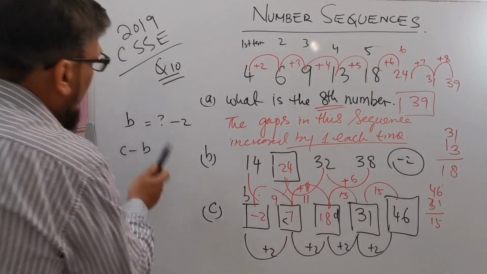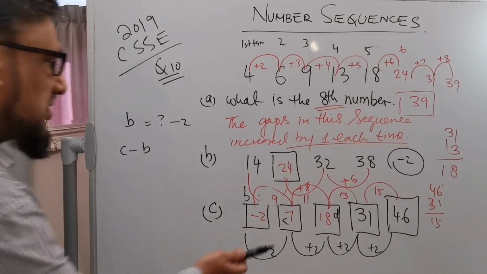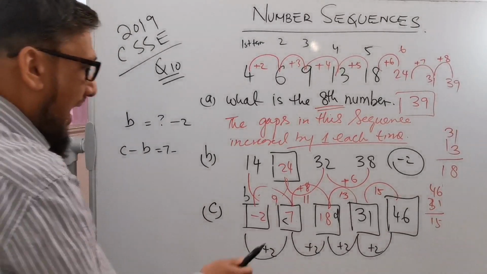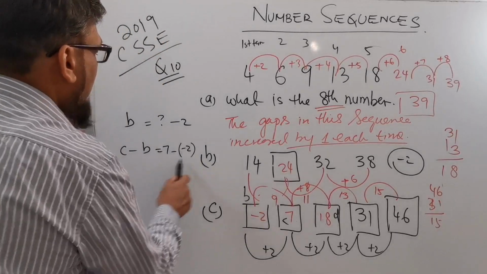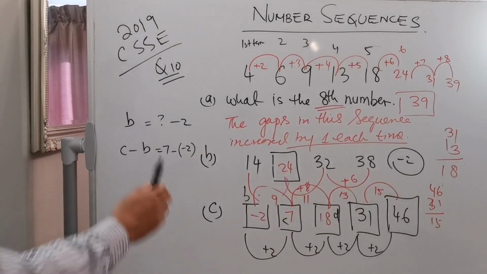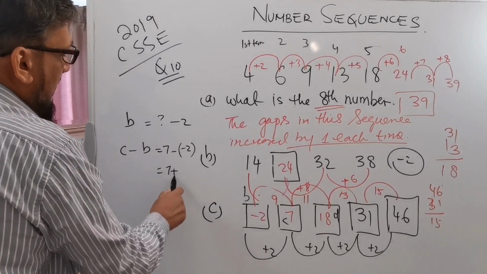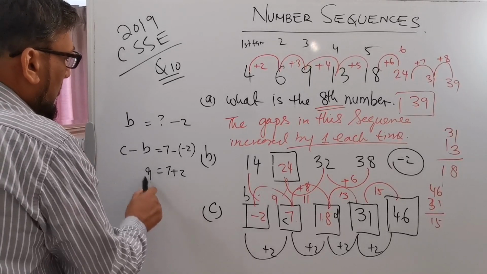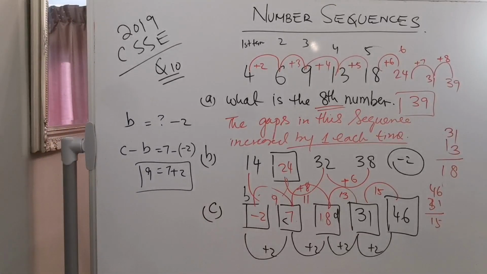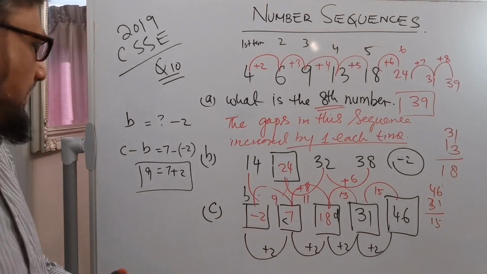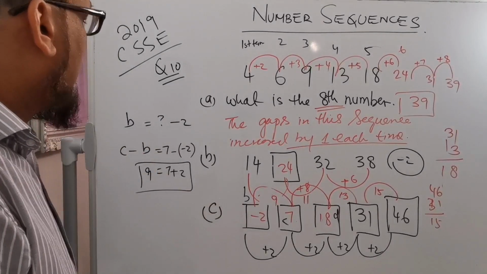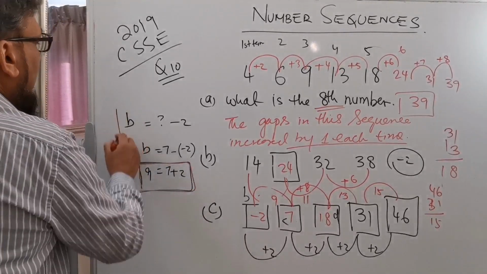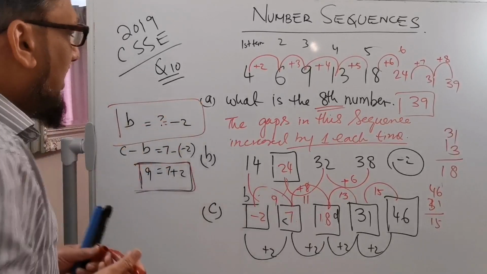And this is C minus B: the C value is 7 minus the B value, which is minus 2. As per my last video, minus minus is plus. So C minus B is equal to 9. So this is your final answer for C minus B, which is 9. 7 plus 2 is 9. And the value of B, your final answer, is minus 2.